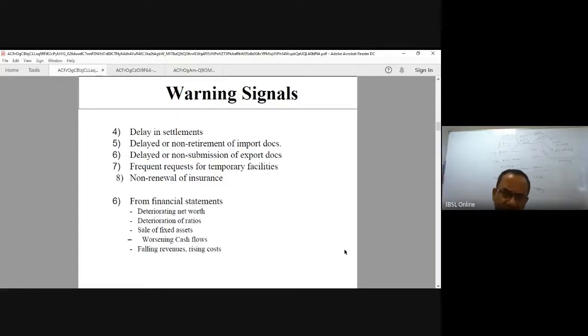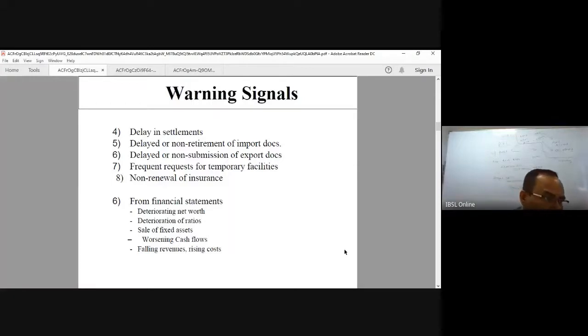From the financial statements, when you're analyzing the balance sheet, if the net worth is going down, normally your net worth is equal to your assets minus liabilities. So if the net worth is going down, that means losses are eating into the net worth, right? So deteriorating net worth means definitely it's a danger signal. Deterioration of ratios: your net profit, your gross profit, your return on assets, your return on capital employed, right?